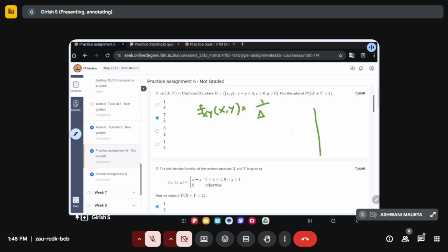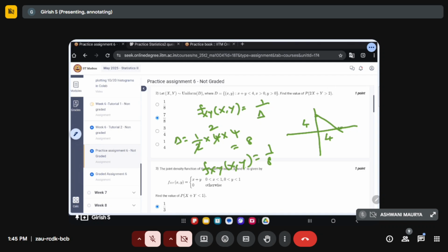If you draw the graph, this is 4 comma 0, 0 comma 4, x greater than this, x greater than this. So this is 4, this is 4, delta is half into base into height, 8. f of x comma y is nothing but 1 by 8.